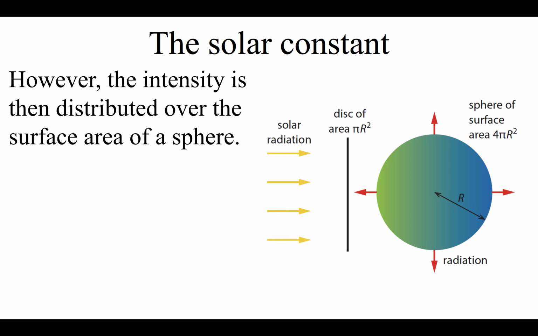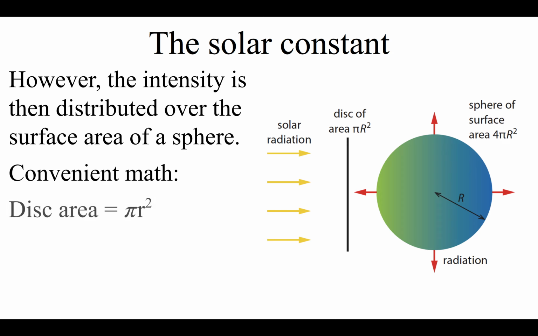Okay, so interestingly, our solar radiation is distributed over the area of a sphere, not the cross-sectional area. So that changes a little bit how we approach this. Conveniently though, the area of the disk is given by pi r squared, and the area of our sphere, the actual surface area of the planet, is given by 4 pi r squared.